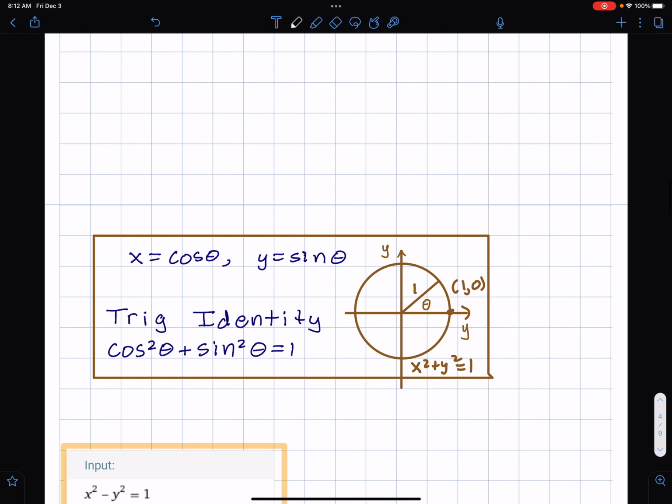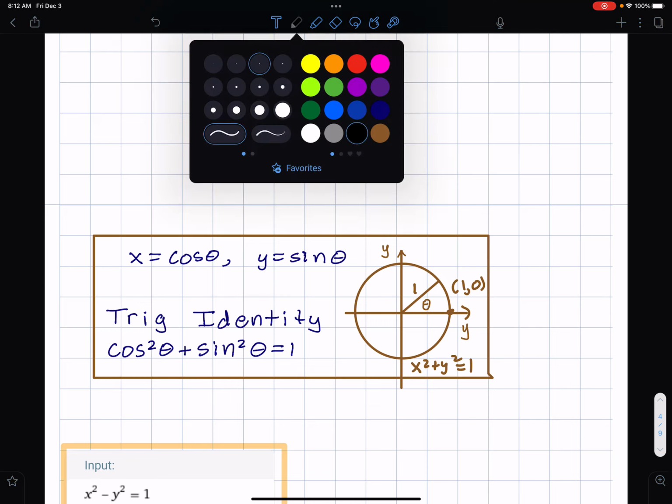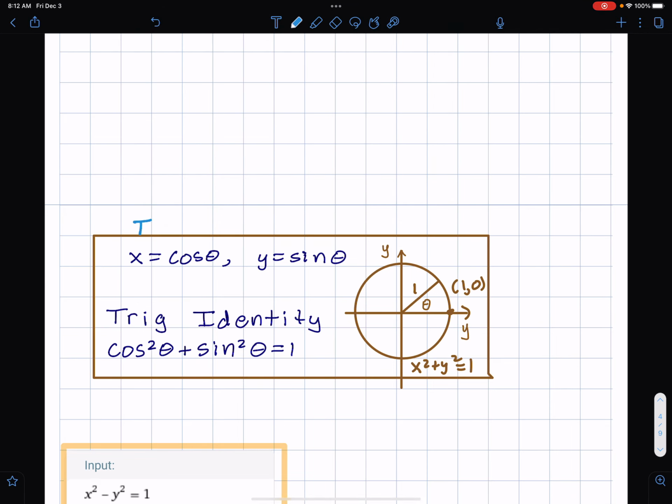Now, just to remind you, this is what we get with trig functions. We have the identity, by definition of a unit circle, that x equals cosine theta, y equals sine theta.